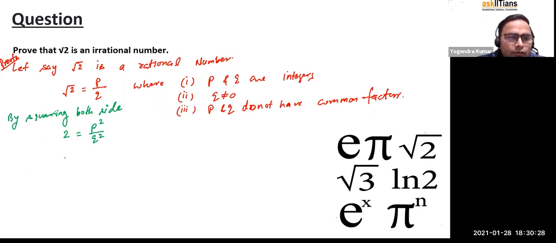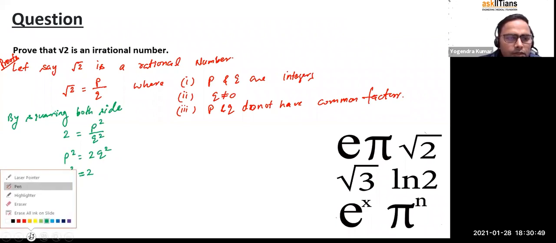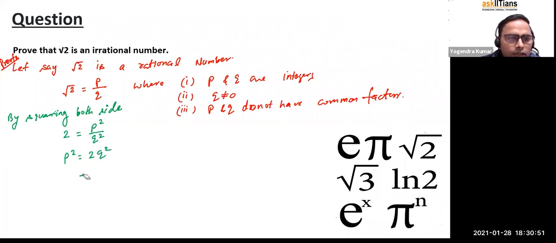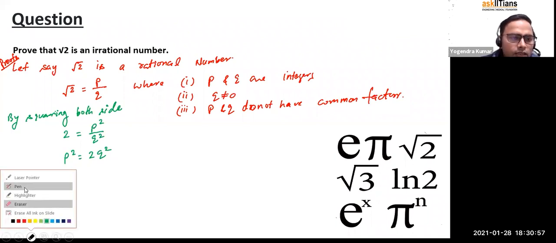So I can write from here p square is equal to 2q square. Now we can make a statement from here, as p and q both are integers. We are assuming that both are integers, right?